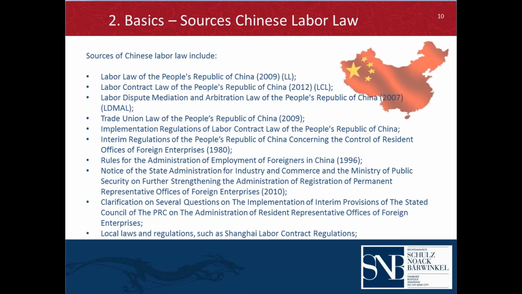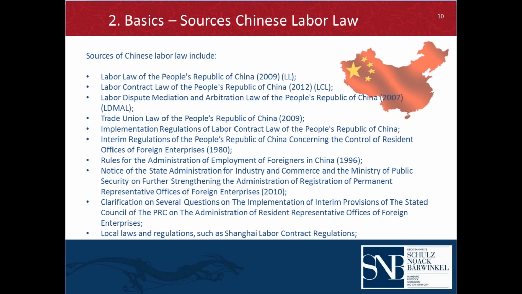But what is very important to know in labor law is that we have also local regulations. That means if you check a labor question, then you also have to find and look into special local labor regulations, for example, in Shanghai, in Jiangsu, and so on, because these local regulations could have detailed rules on issues which have not been explained in detail in the major nationwide laws and regulations.